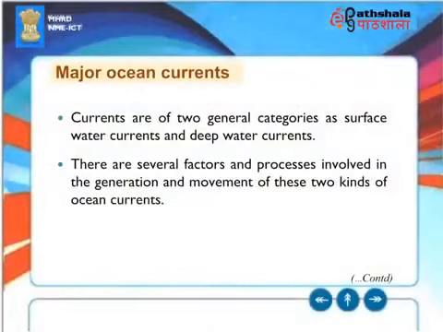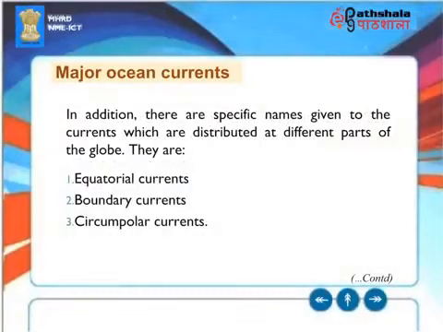Major ocean currents. Currents are of two general categories: surface water currents and deep water currents. There are several factors and processes involved in the generation and movement of these two kinds of ocean currents. In addition, there are specific names given to the currents which are distributed at different parts of the globe.